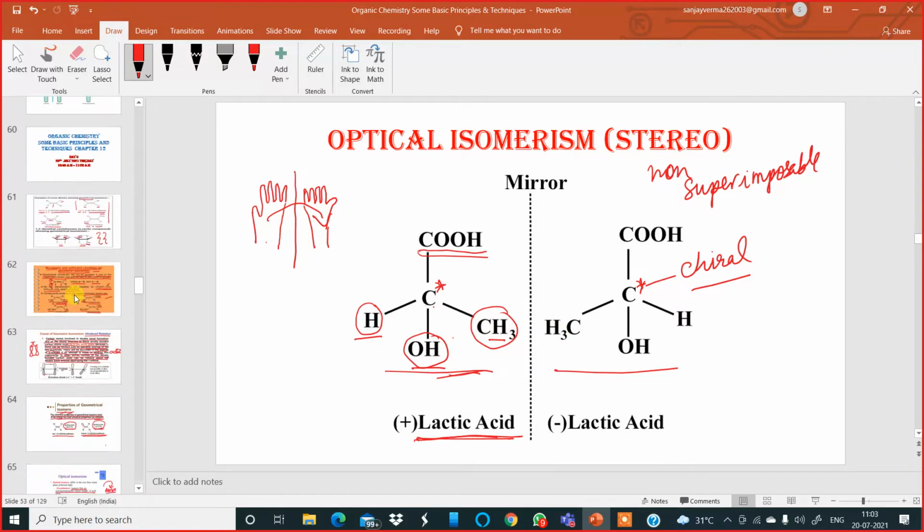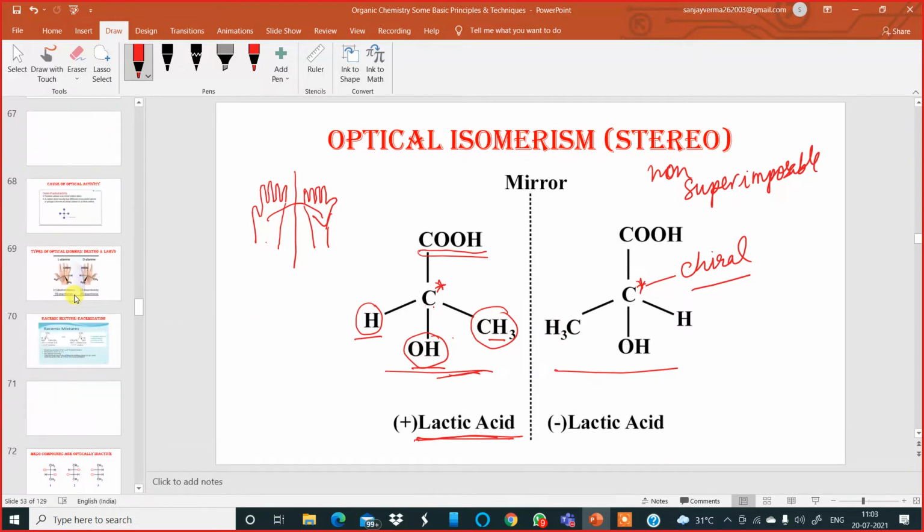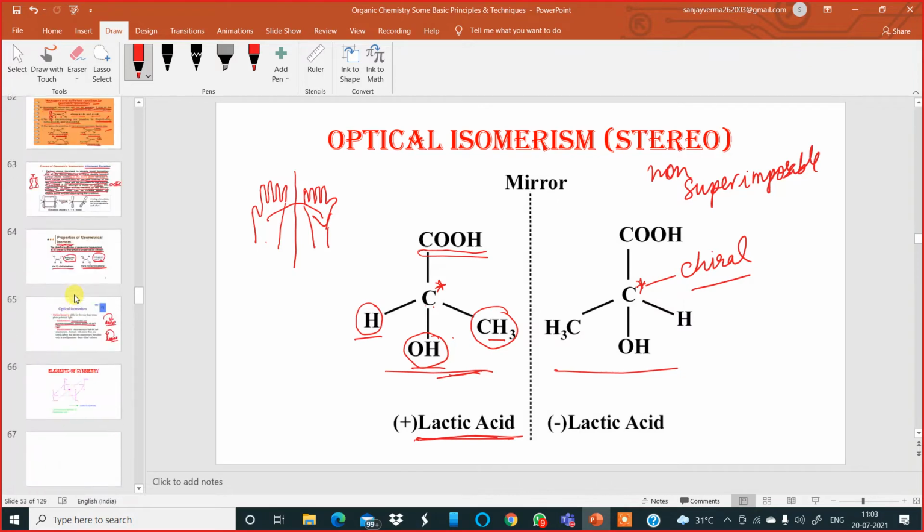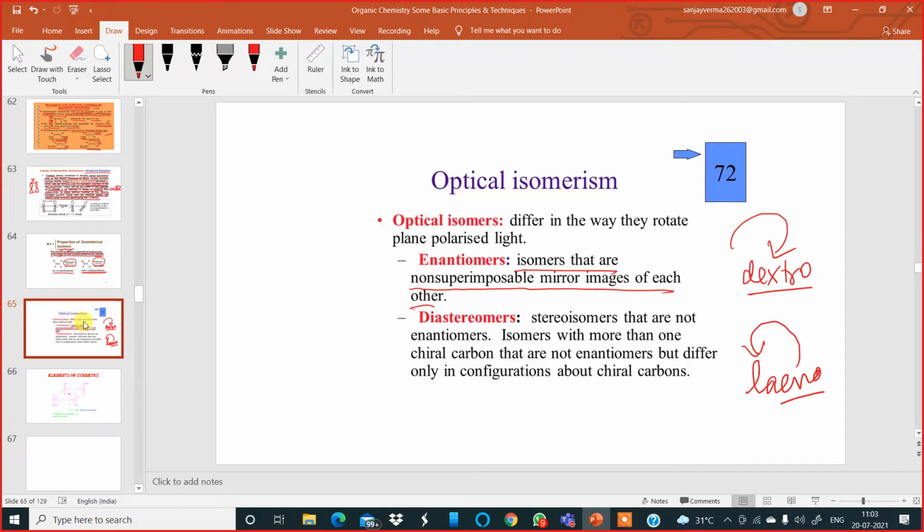Now, if you look at the next slide, the diastereomers are stereoisomers that are not enantiomers. They are isomers with more than one chiral carbon atom that are non-enantiomers but differ only in configuration about the chiral carbon.